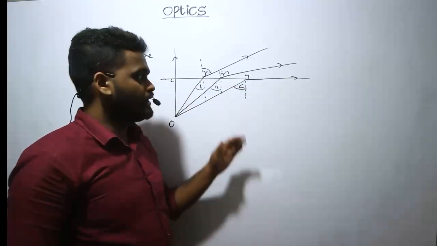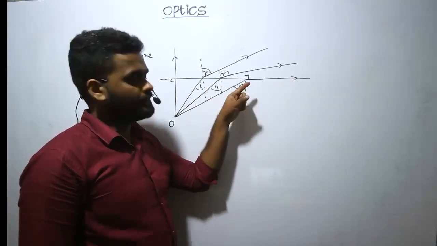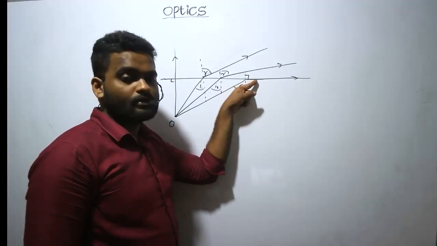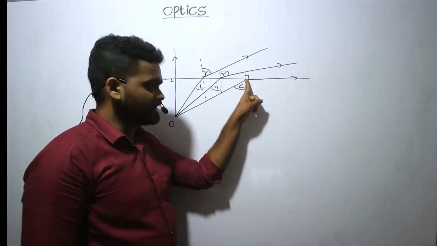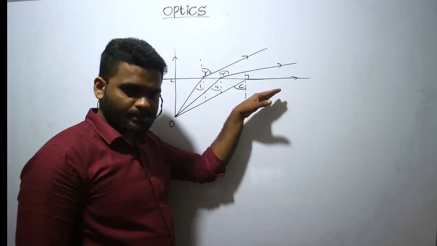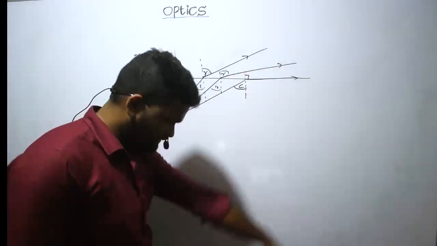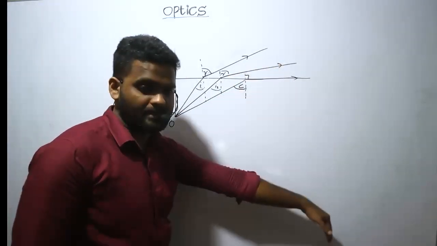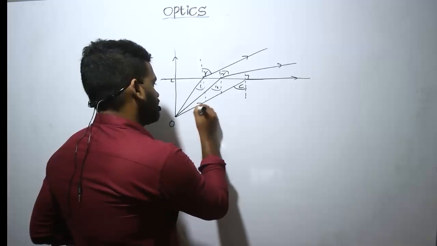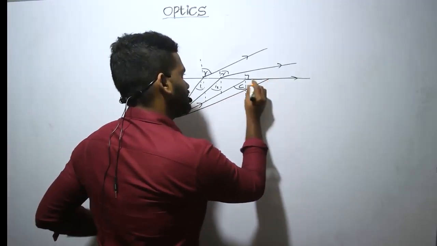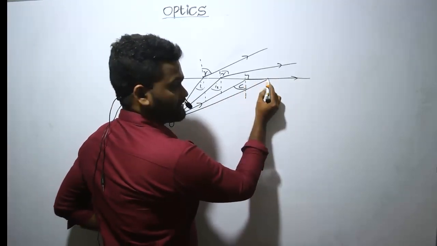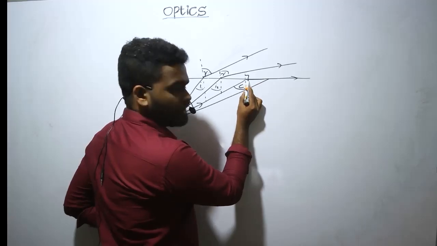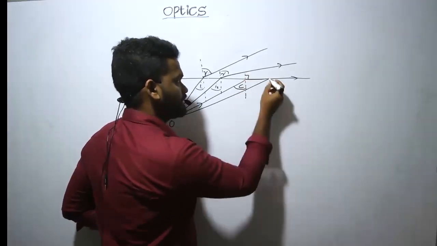Any ray incident beyond this critical angle gets totally reflected into the same medium. Right after this, it gets totally reflected.